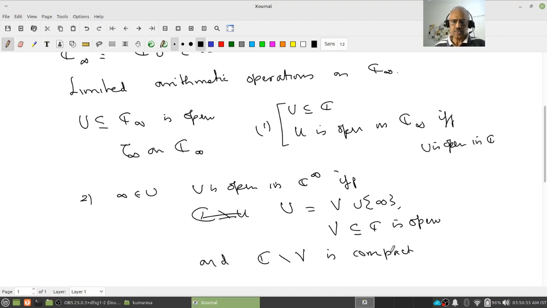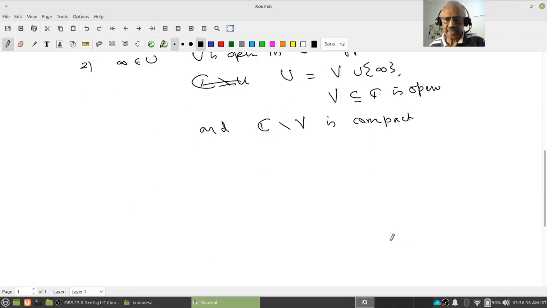I will give a picture for this so that you will have some kind of an idea. So this is my complex plane and my point at infinity is somewhere. So what I do is I take some compact set.